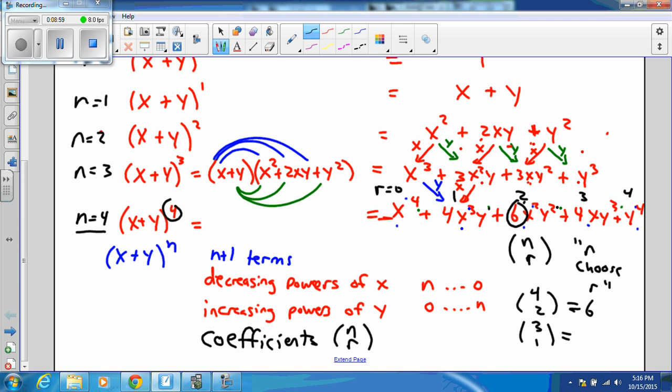Likewise, if I wanted 3 choose 1, then I would go down to the row n equals 3, and I would go over 0, 1, and read off the coefficient there, which is equal to 3.